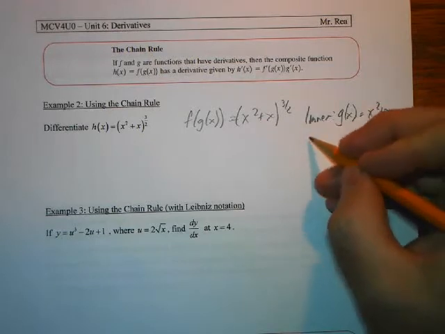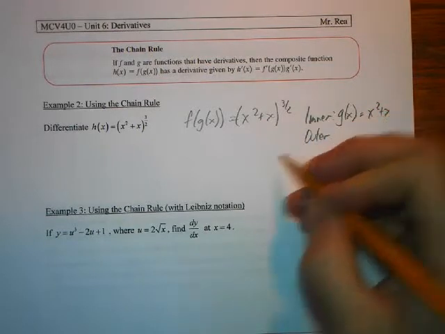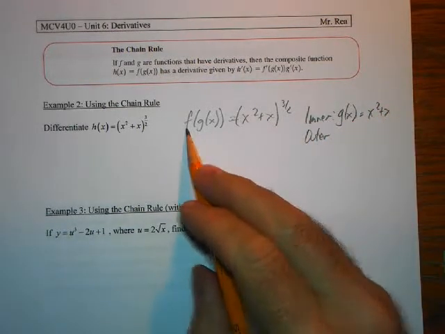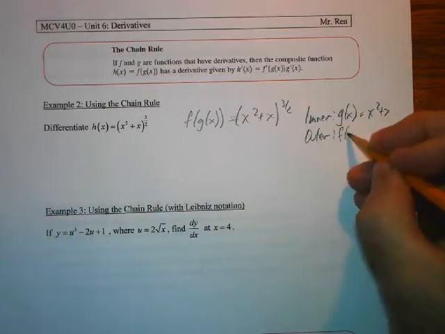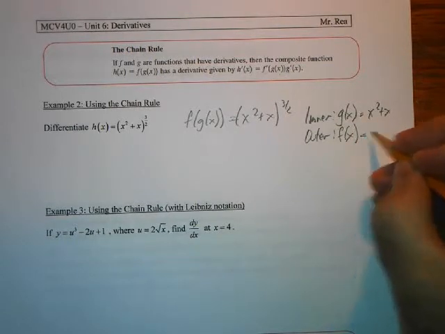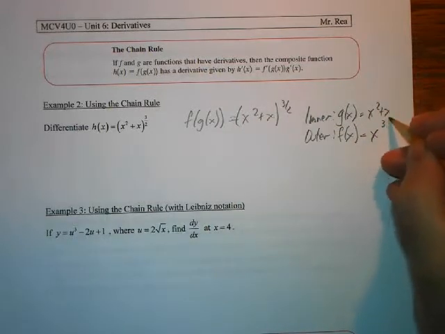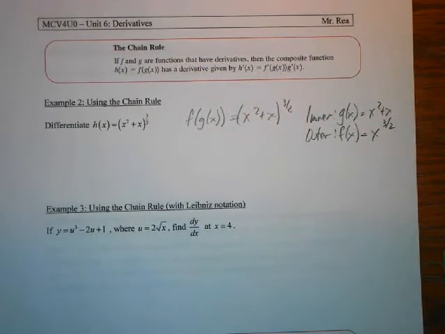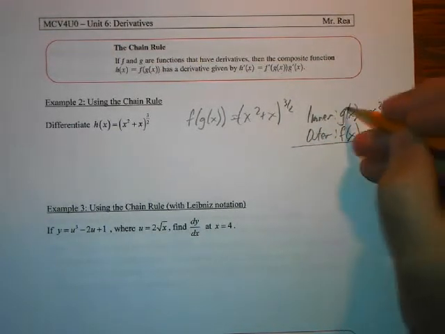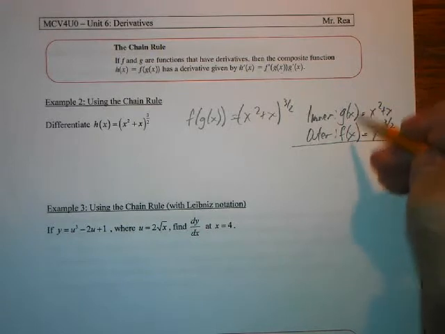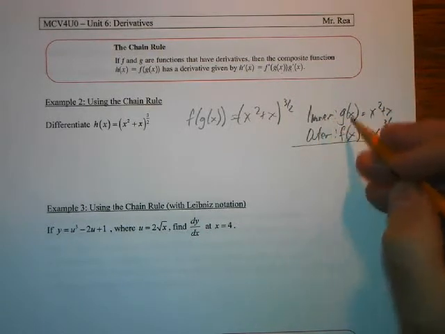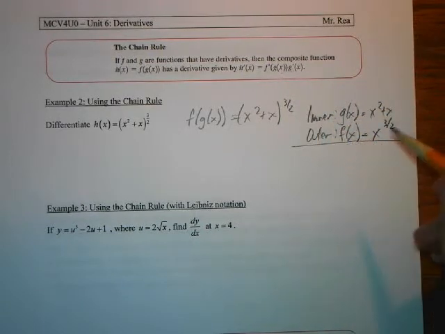And then the outer function, which if we did in this order, that would be f. The outer function is equal to x, so something to the power 3/2. So in this case, x to the 3/2. So if I consider those as my inner and outer function, I know I'm going to need the derivative of both.